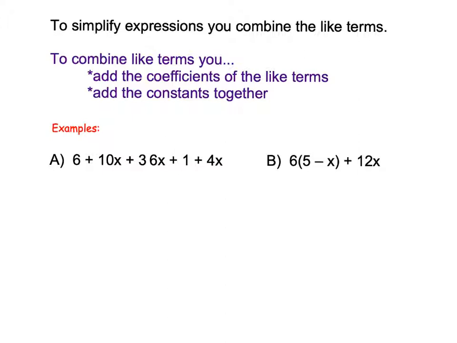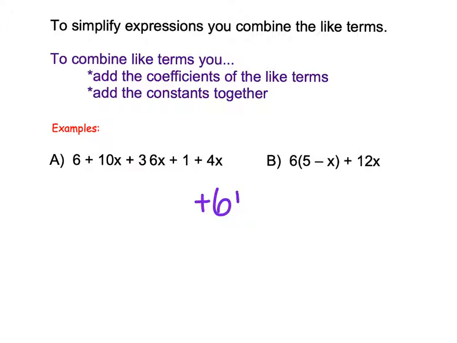Going back to my squares, if I have 10x plus 36x plus 4x, I can add those together and I get 50 x's. It's like 10 apples plus 36 apples plus 4 apples gives you 50 apples. I sometimes think of it that way.